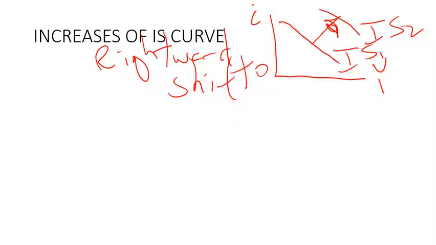What causes rightward shifts of the IS curve? Well, again, the IS curve is the summation of the goods and services market. So anything which affects the goods and services market is going to shift the IS curve.